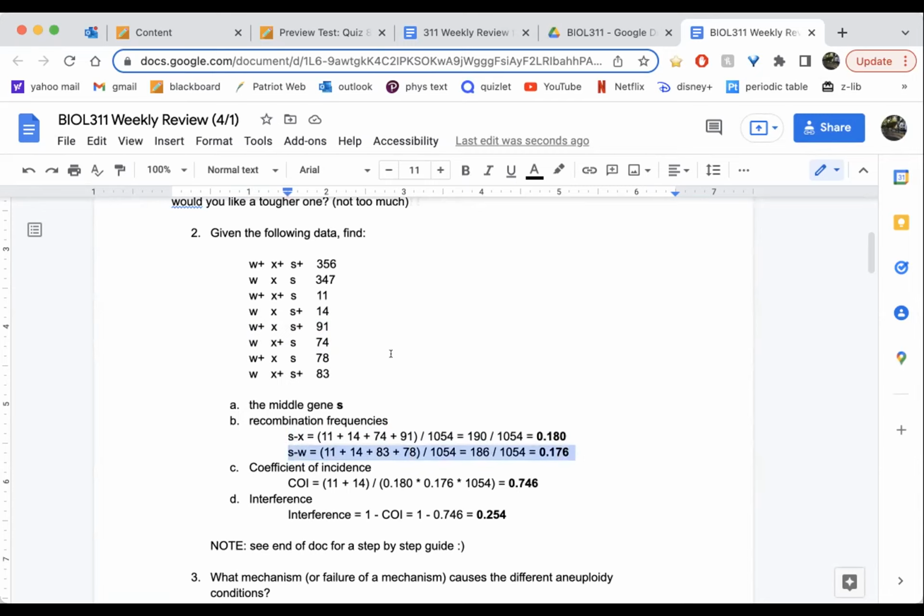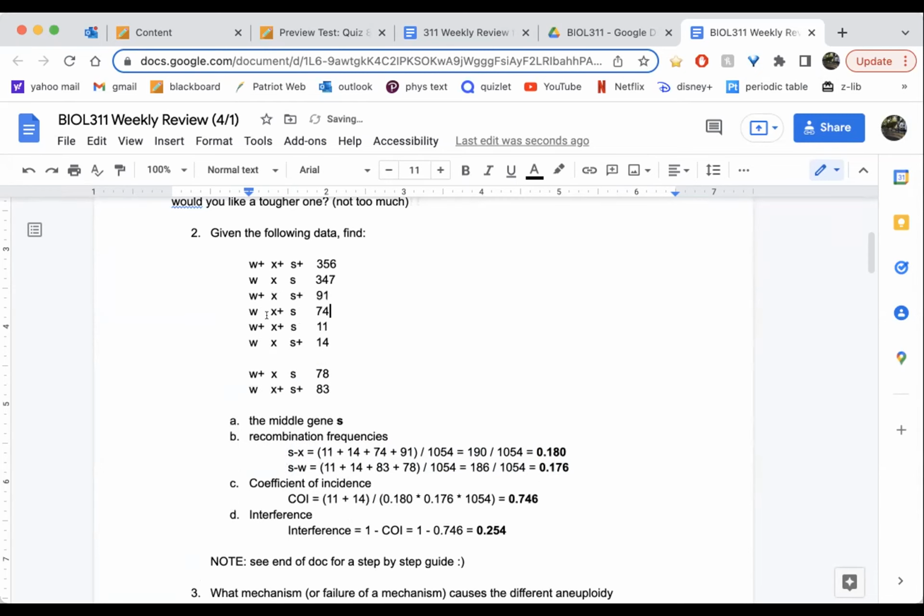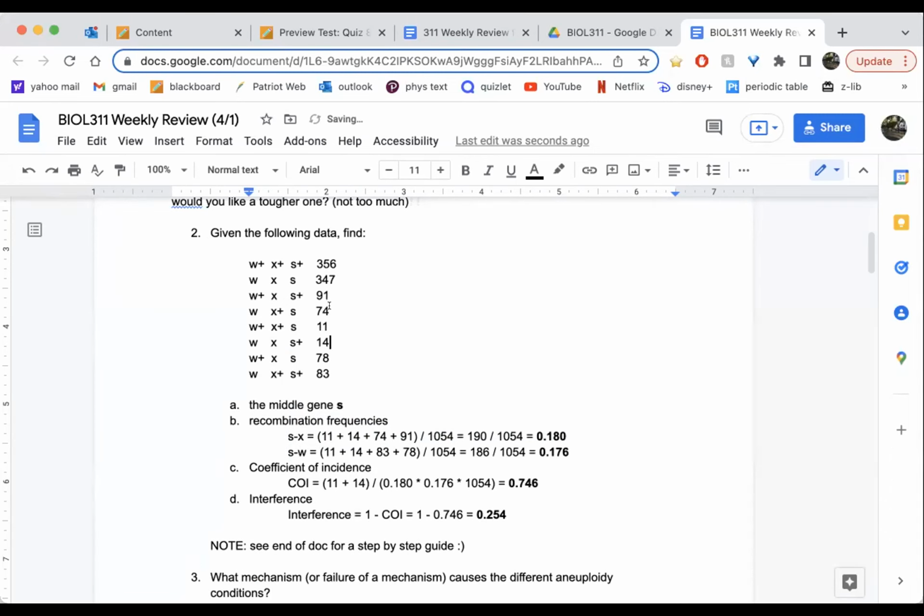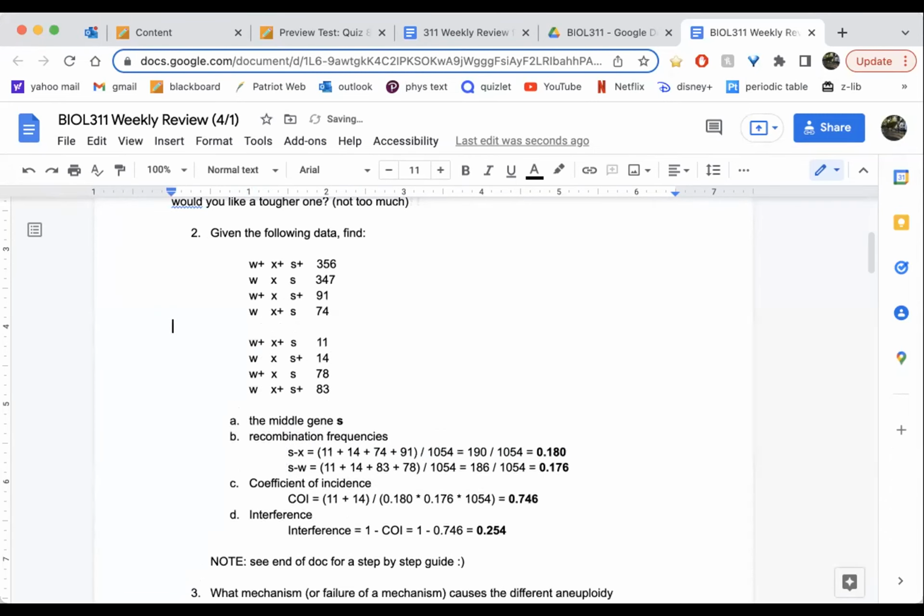Yes. Okay, so we are going to cut and paste again. What we do is we always go back and compare to our parental. We're looking for whether there was recombination between S and X. If we look at our 91 and 74, when you compare 91 to both of your parents, it looks most similar to 356, but there's something funky about it.